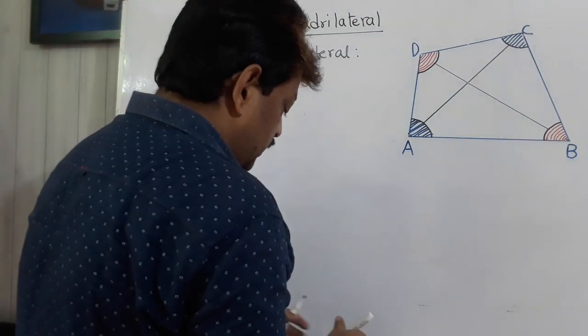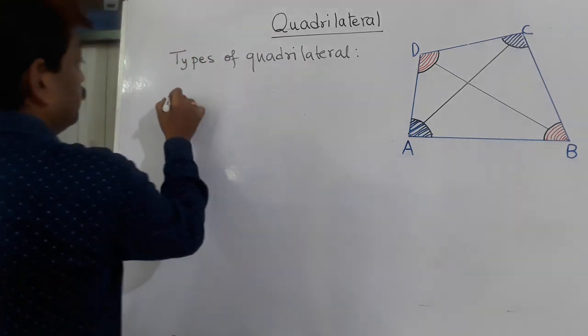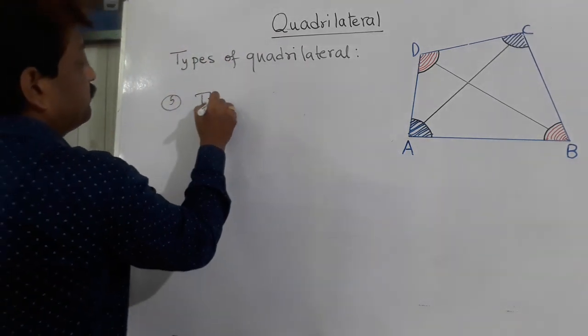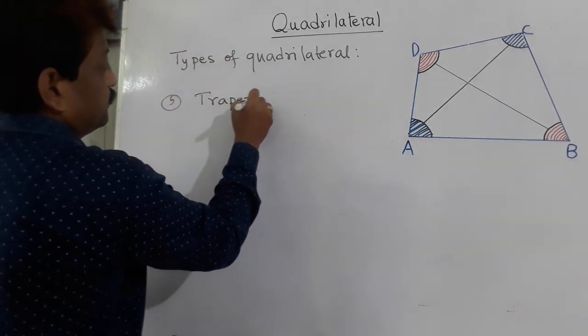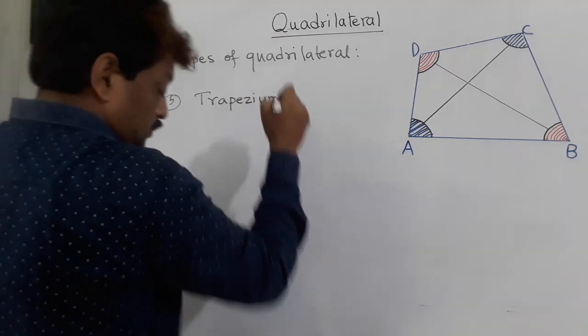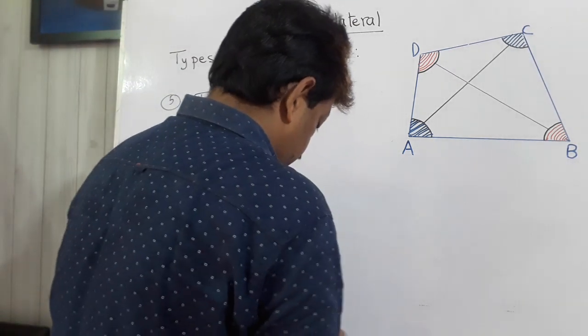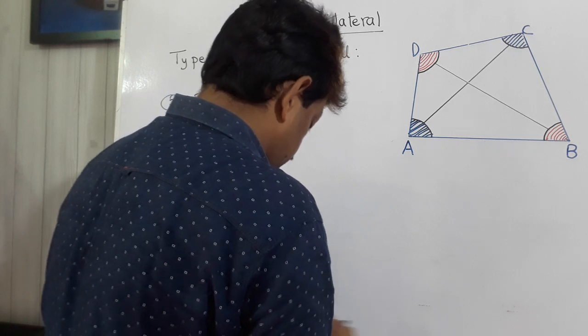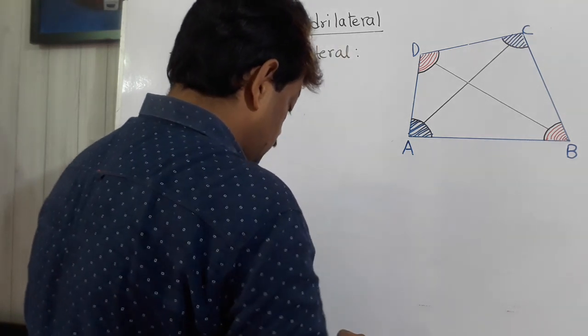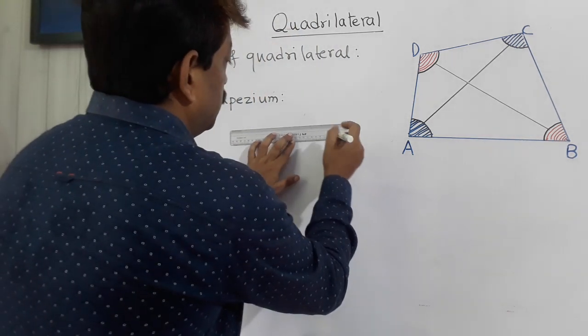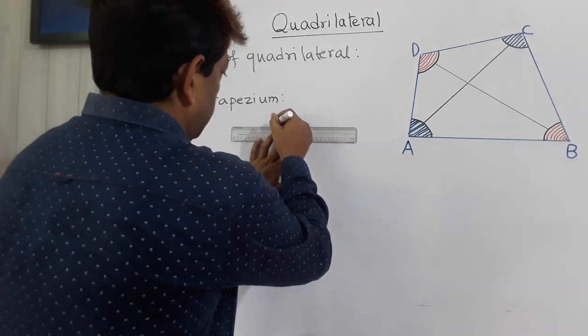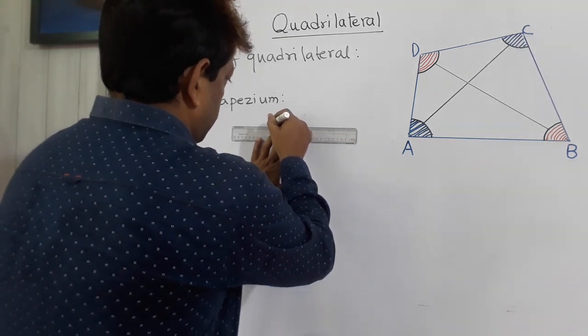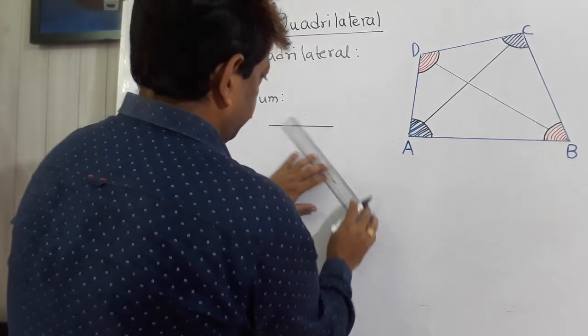Then there is a trapezium. A trapezium looks like this, in which one pair of opposite sides are parallel.